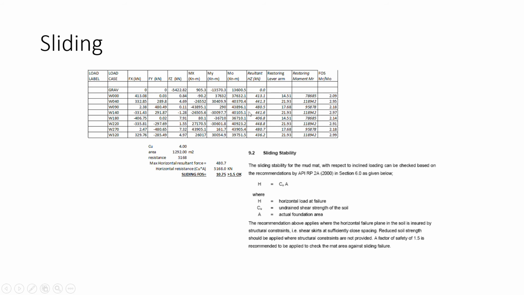This is the resultant force. And restoring lever arm, in the sense, for each and every load you have to find the COG, and you have to find the lever arm from the base to the COG. If the lateral load is there, there will be some shift in the COG. So from one end, how much the shift is, that is the lever arm.